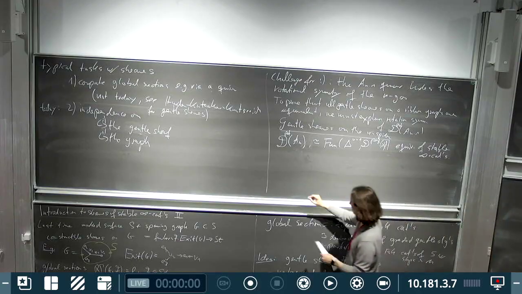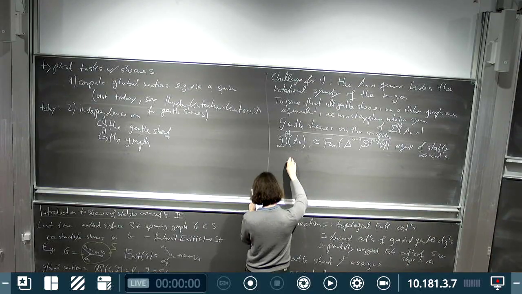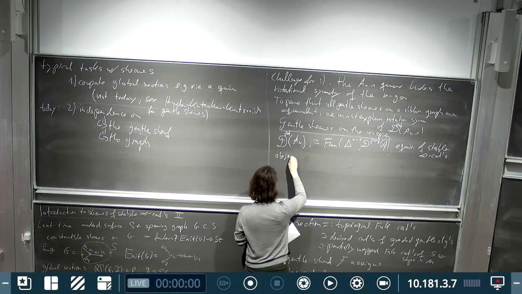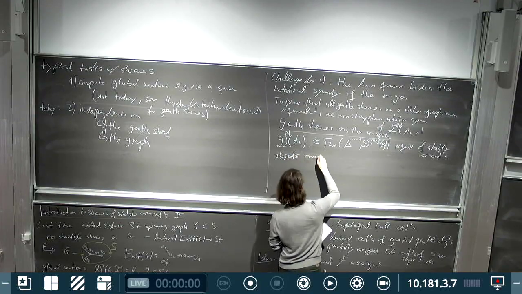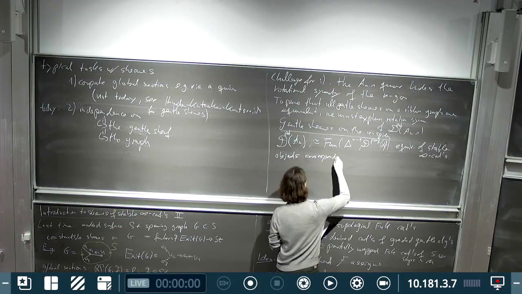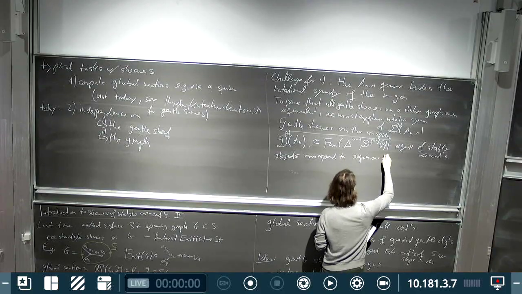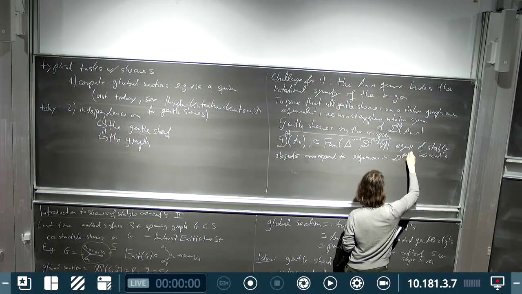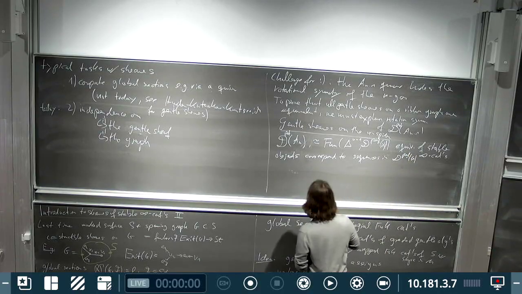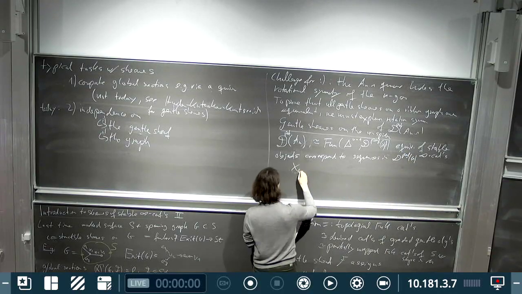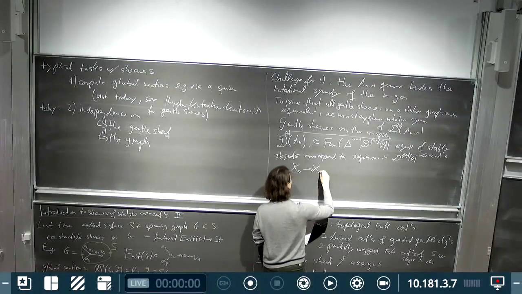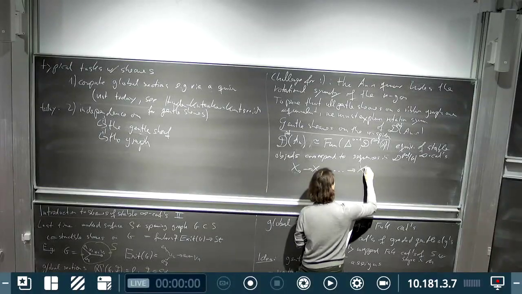So concretely, or not concretely, let me say, objects correspond to sequences in the path of the following form. So they are x0, x1, up to xn minus 1.